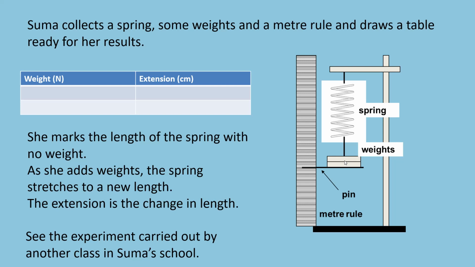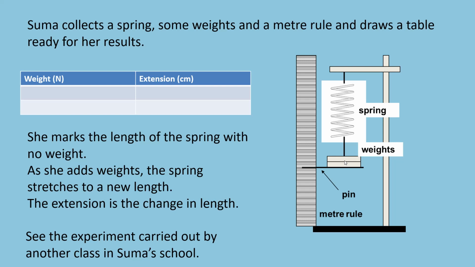So let's come back to the slide. She marks the length of the spring with no weight. At first, she's going to put the spring without any weight. Why? Because she's going to measure the length of the spring. As she adds weight, the spring stretches to a new length.